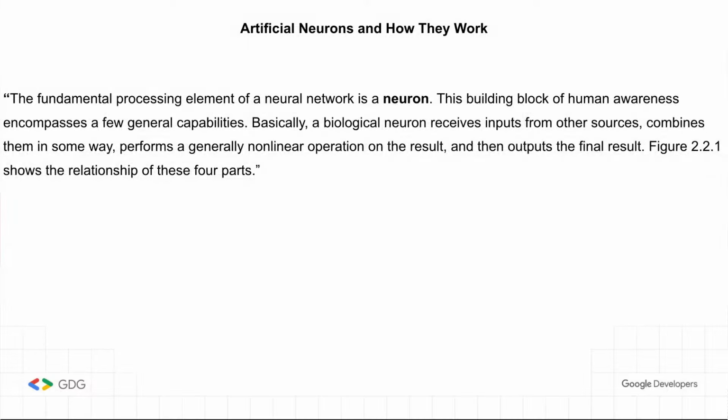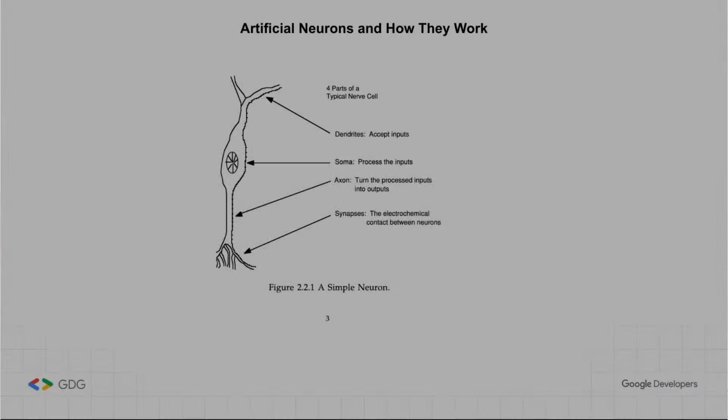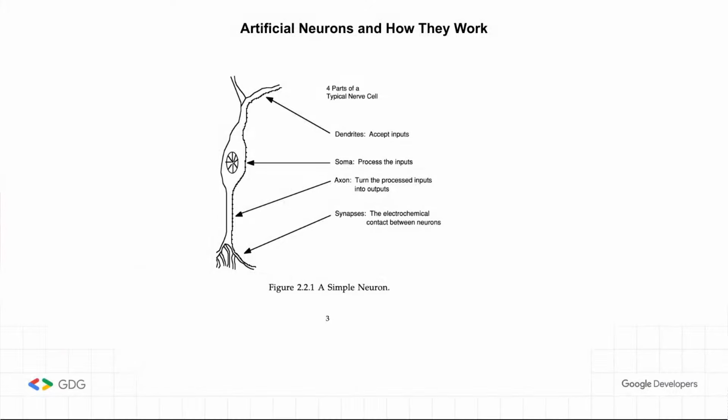How they work: the fundamental processing element of a neural network is a neuron. This building block of human awareness encompasses a few general capabilities. Basically, a biological neuron receives inputs, processes them, and gives a result. The same happens in artificial neural networks.